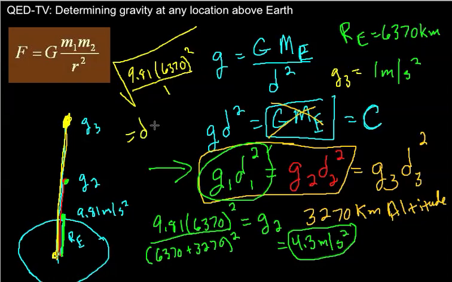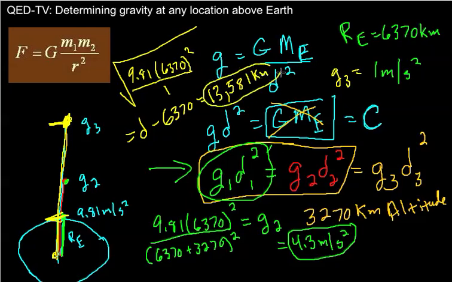I need to actually subtract the radius of the Earth to get just the altitude, because the question asks just for the altitude above the surface of the Earth. And if you do that in your calculator, you should get 13,581 or something kilometers is going to be the altitude above the Earth where gravity would be 1 meter per second squared.